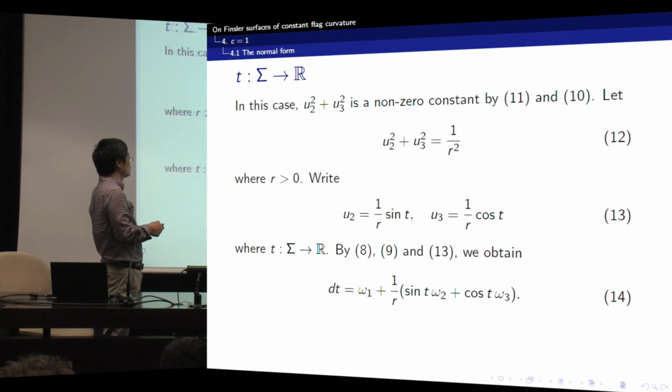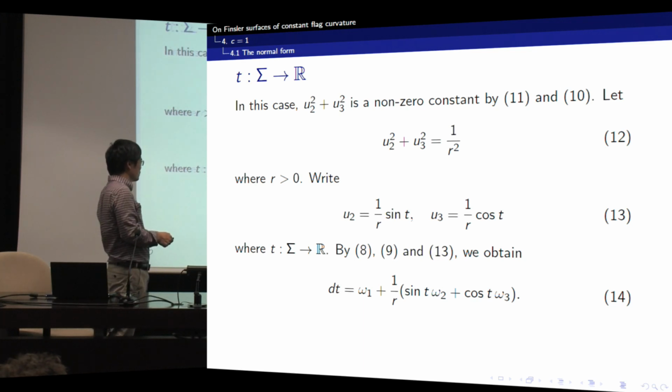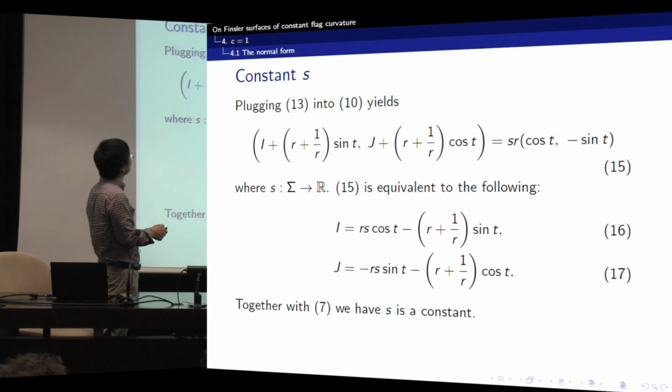Now we write U2 equal to 1 over R sin t, U3 equal to 1 over R cosine t, where t is a function from the unit tangent bundle to R. By 8, 9, and 13, we obtain dt equal to omega 1 plus 1 over R sin t omega 2 plus cosine t omega 3.